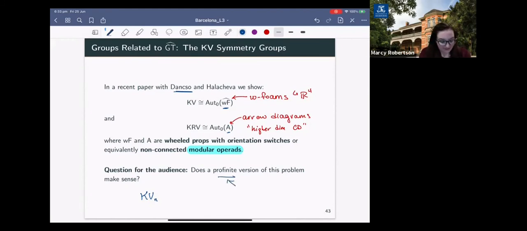If you make more sense of these KVs in terms of the moduli spaces with these surfaces with the curves embedded, then this actually probably does make some sense. But certainly, as far as what these foams are, these are knotted objects in R4. I don't know what a profinite version would be, for example.